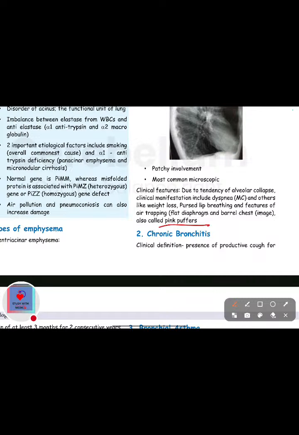Others include weight loss, pursed lip breathing, and features of air trapping: flat diaphragm, barrel chest. They are called pink puffers because they can take the air in, but they cannot put it out, because there is a tendency of alveoli to collapse.